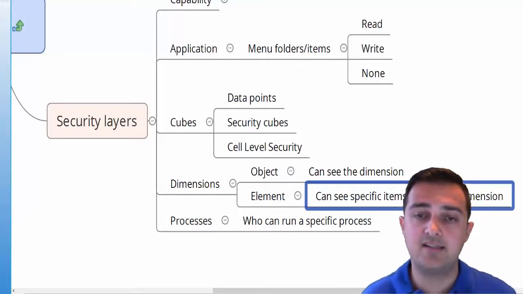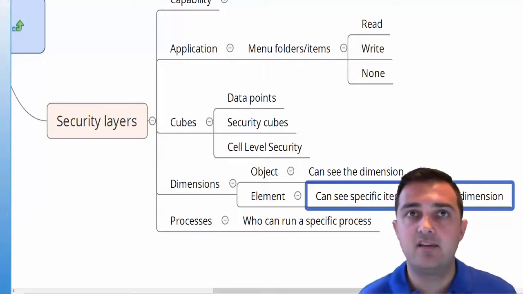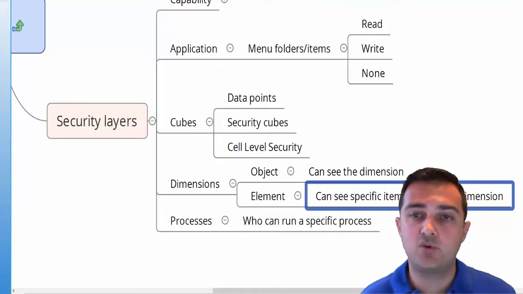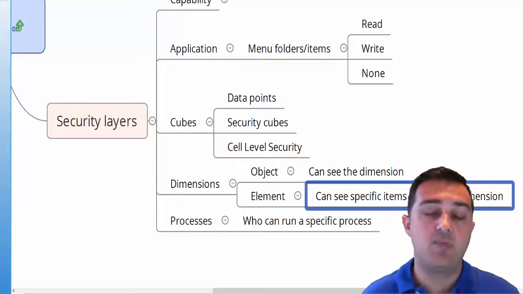So to go back and use our entity example, if we have an entity dimension with 6 different business units in it, we can control which group gets to see which of those entities. So if you have a VP, the VP can see everything that the manager below them can see, maybe a little bit more.